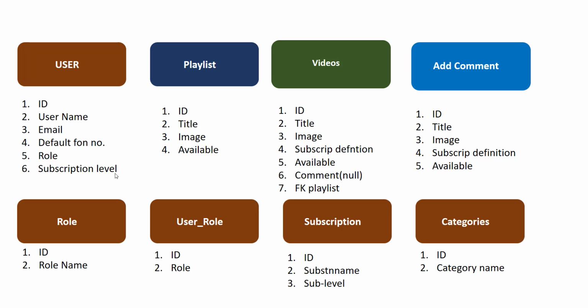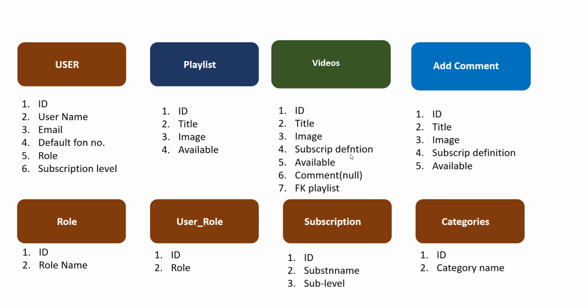And then we have the playlists. So the playlist will have an ID, the title, the image that I wish to display in the playlist, and then if the playlist will be available or hidden according to the administrator. And then the videos will have an ID, the title, the image, the subscription definition. Now this differs. For example, a few videos may be for subscription while the others may not.